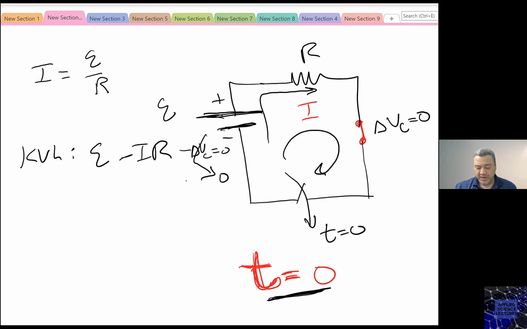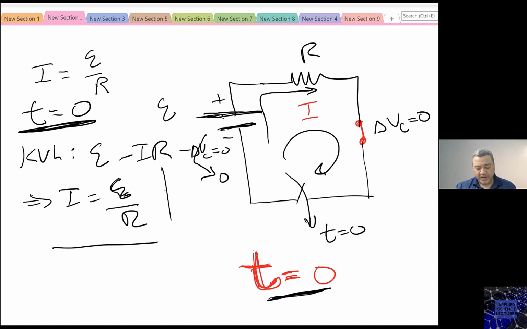However, this one is zero, right at t equals zero, which is when the switch closed. Then I is epsilon divided by R. And we said this would be the maximum current going through the capacitor only at this moment.